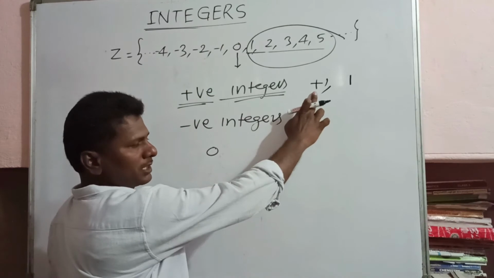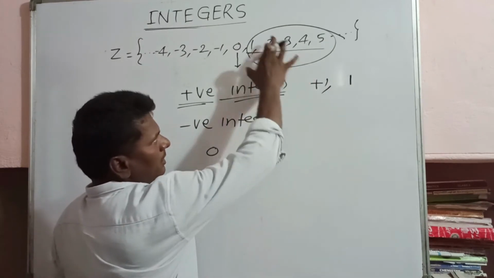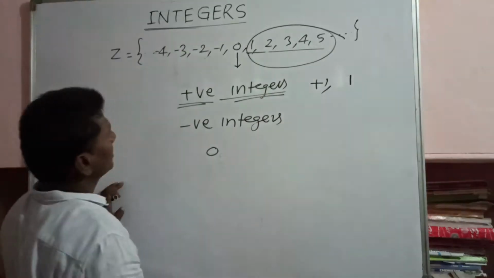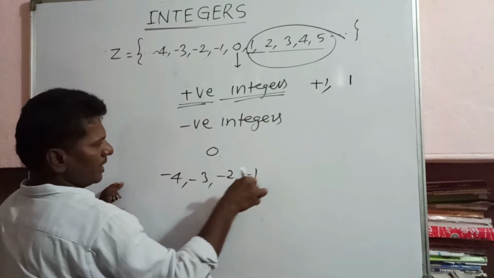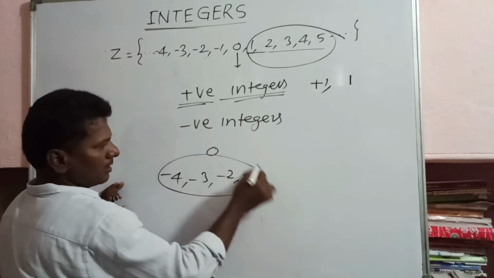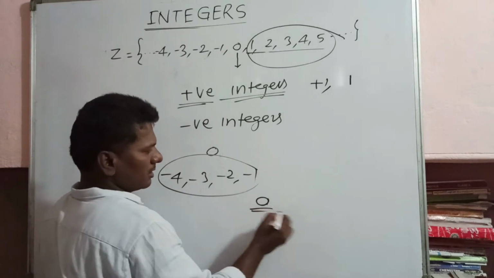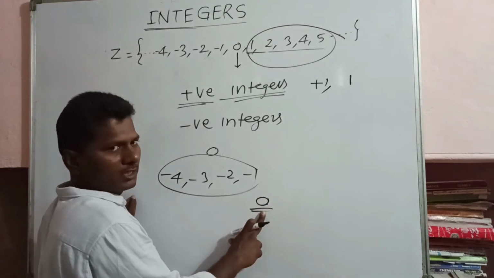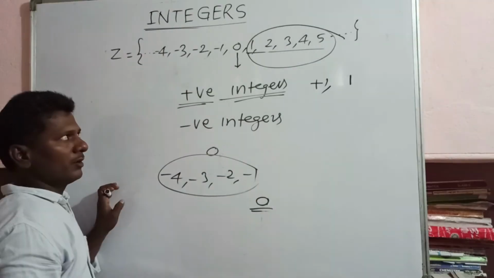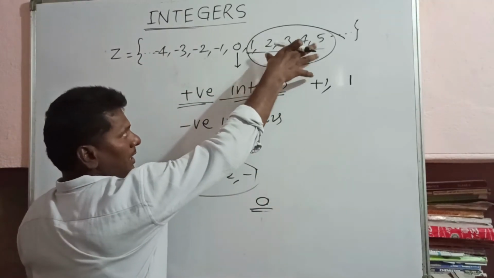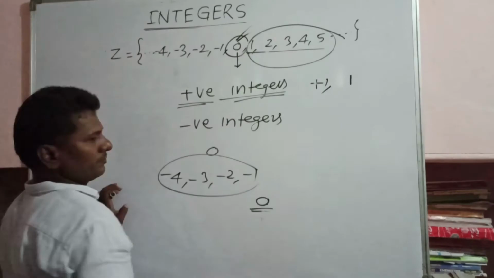You can put plus or without the symbol you can write 1. These are positive integers. -4, -3, -2, -1 are negative integers. 0 is neither a negative integer nor a positive integer. So in integers we have positive integers and negative integers including 0.